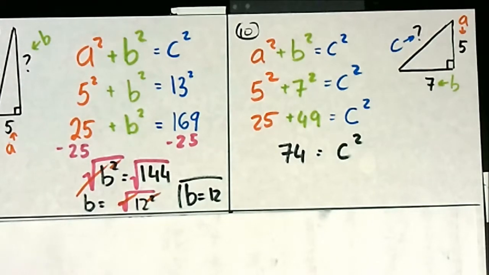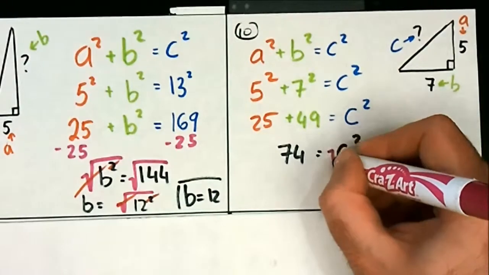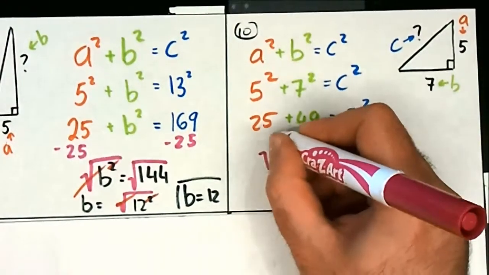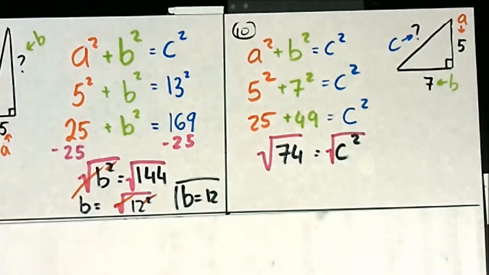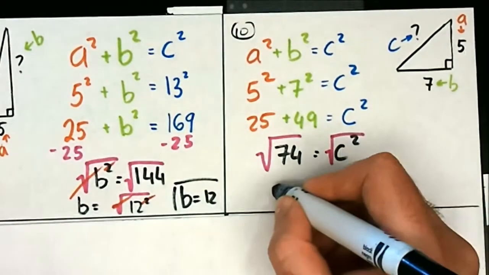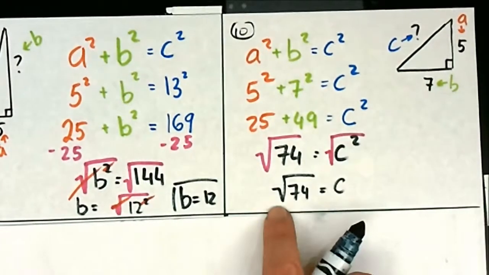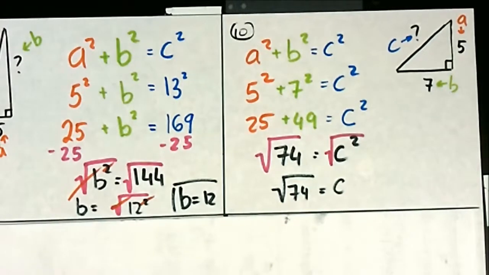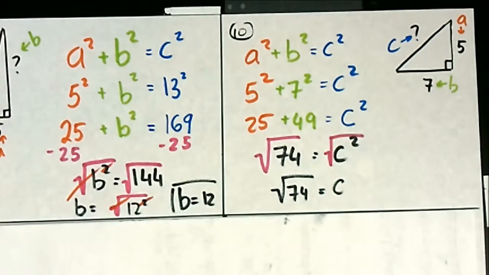How do I find C? By taking the second power radical from both sides. So now I have C. I know C is the radical of second power of 74. That's terrific. But 74 is not a perfect square.